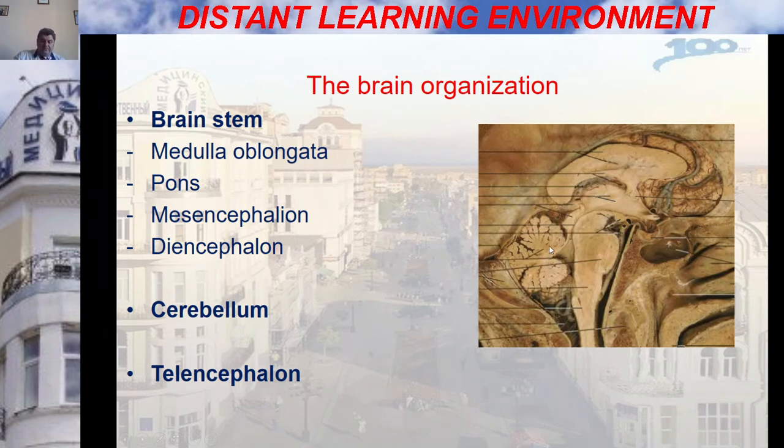So the floor or base of this ventricle is shaped like a rhombus, I told you, which seems to be pressed into the posterior surface of the medulla and pons. It's termed the rhomboid fossa. The apex of the roof juts out into the inferior surface of the cerebellum, and you may see here.